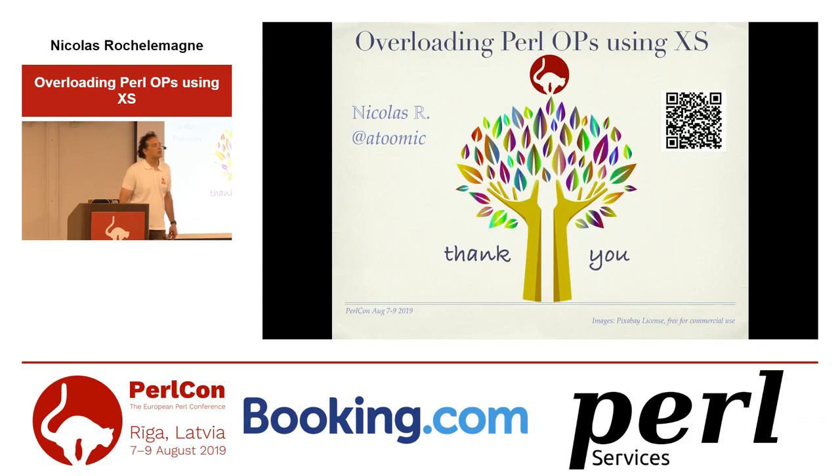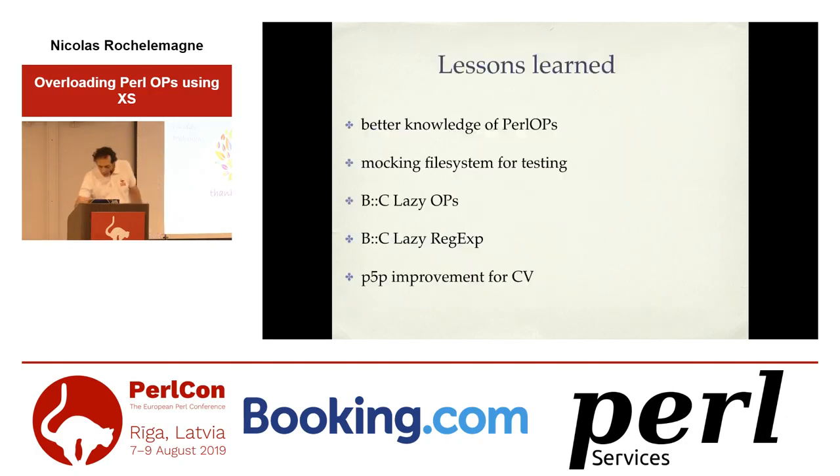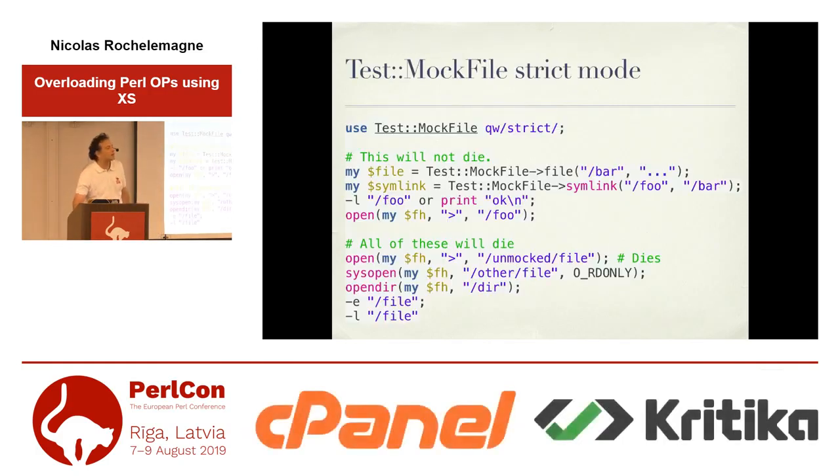Are you talking about the test mock module, or are you talking about overload file check, or test mock file? Okay, test mock file is used in unit tests. If we have a unit test in our code base, we use test mock file strict, which means if that test by accident accesses a file, it will die, saying what file it is.